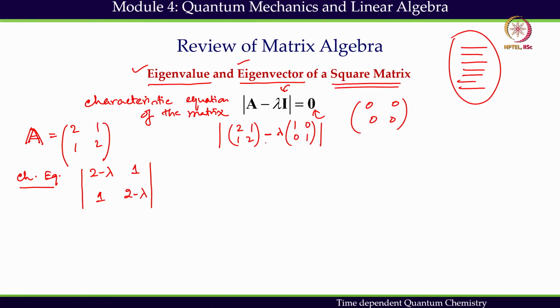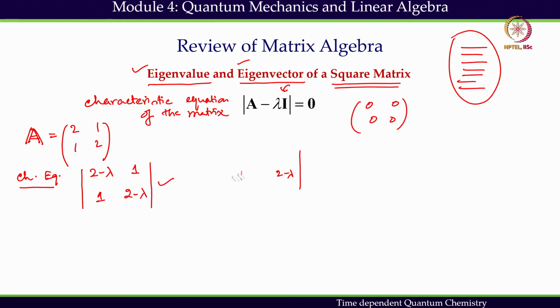So, addition or subtraction. First of all, this is a scalar multiplication, so we will multiply each element with this scalar. Once we are done, then we can use subtraction. Subtraction is equivalent to the addition procedure where each element will be subtracted, which means that I will get the matrix 2 minus lambda, 1, 1, 2 minus lambda, and we are taking the determinant. So, that is exactly what we have written here.